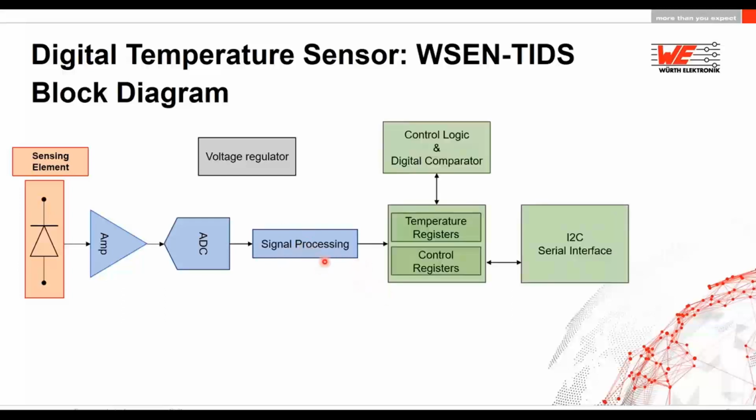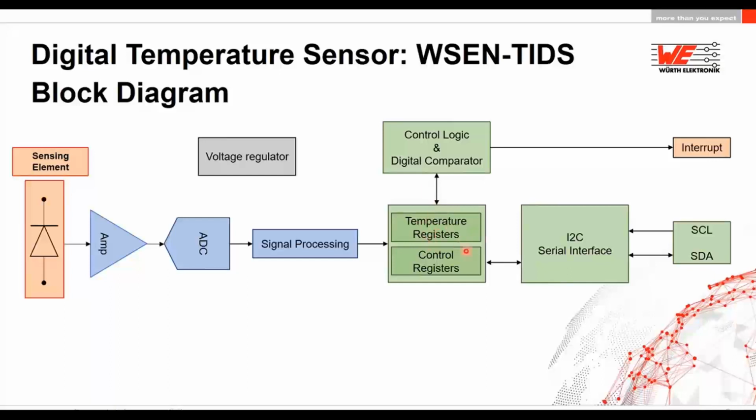The digital temperature value is then stored in the inbuilt temperature registers, and there are also control registers where the calibration data is stored. There is also a dedicated control logic and digital comparator where the user can store their own temperature, and the measured temperature is then compared with the user-defined temperature in order to generate an interrupt.